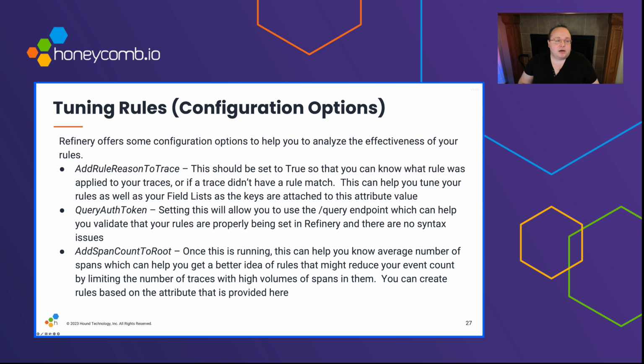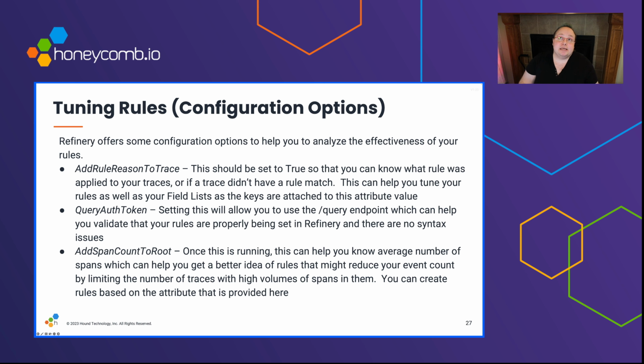So we also have some configuration options in Refinery that will help you tune your rules. A really big one is add rule reason to trace. This creates a refinery.reason attribute and adds it to your spans, so that you can see what rule a trace went through when Refinery decided to keep that trace.